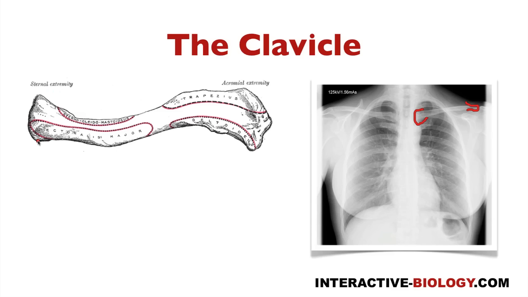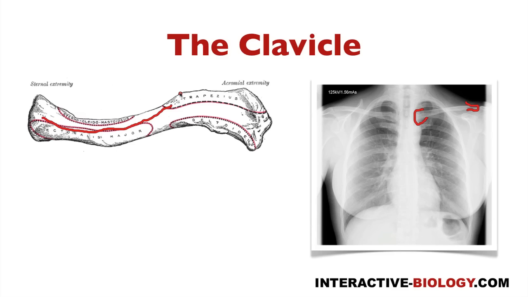And then what else you'll notice is that as we look at this clavicle, this is going to be a left clavicle, and there are some features that give that away. Right here you can see that there's a curvature, and what you'll notice is that there's this anterior convexity, so it curves forward.